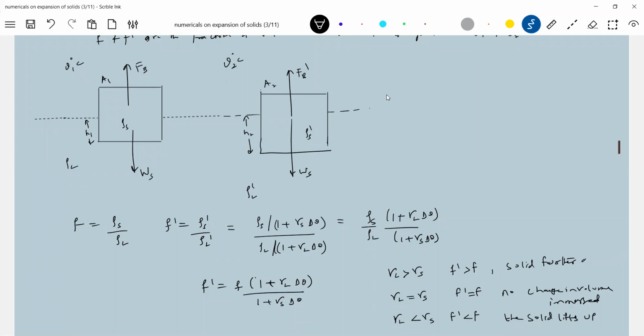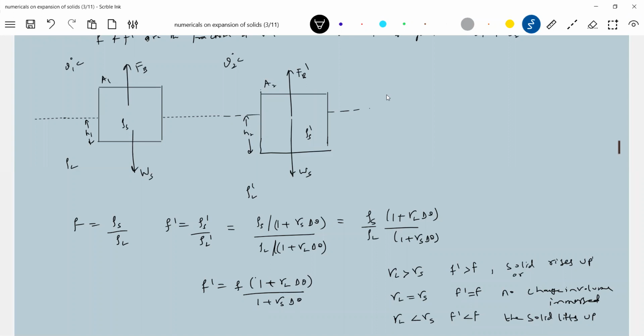Solid further gets immersed, or solid rises up. I'll write it. So simplest idea: volume immersed increases, no change in volume immersed, volume immersed decreases. Solid rises up means what is another meaning? Volume immersed will decrease. That's the meaning. Sir, that is not rises up.